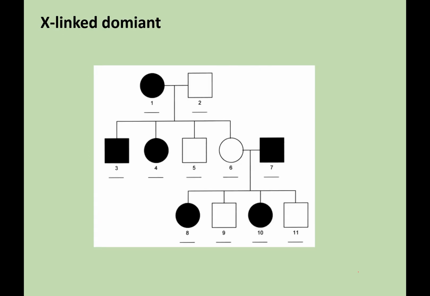For X-linked dominant traits, where the affected people are of genotype X capital N something, or X capital N Y, again, you see that every affected child must have an affected parent. This isn't one that hides out.